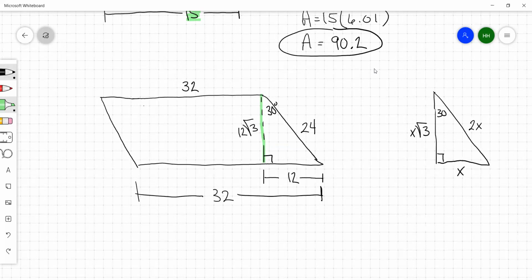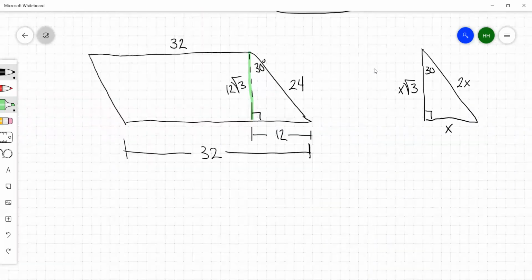Be careful not to use that 12. The area is equal to 32 times 12 radical 3. And that's 32 times 12 times 3 square root button. And that's 665.